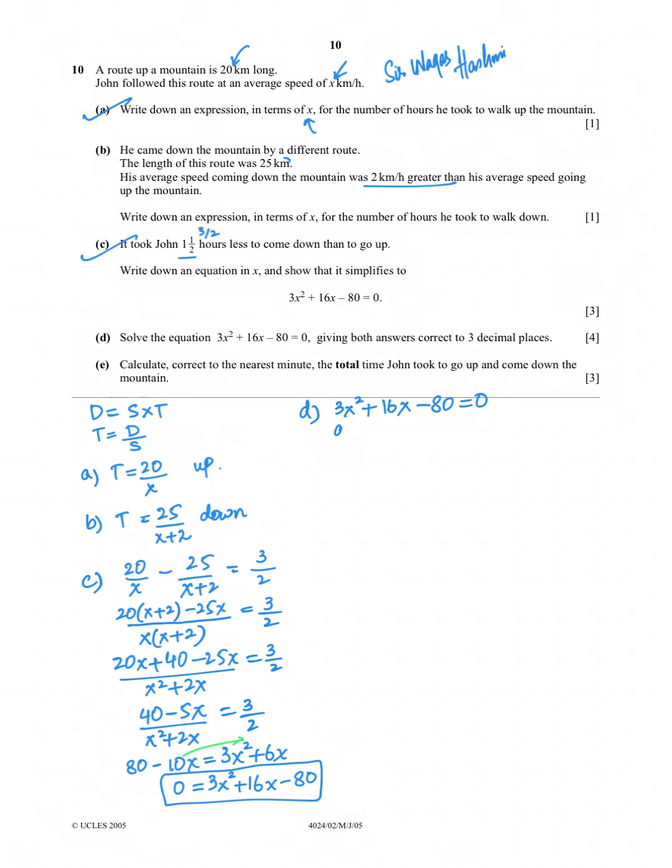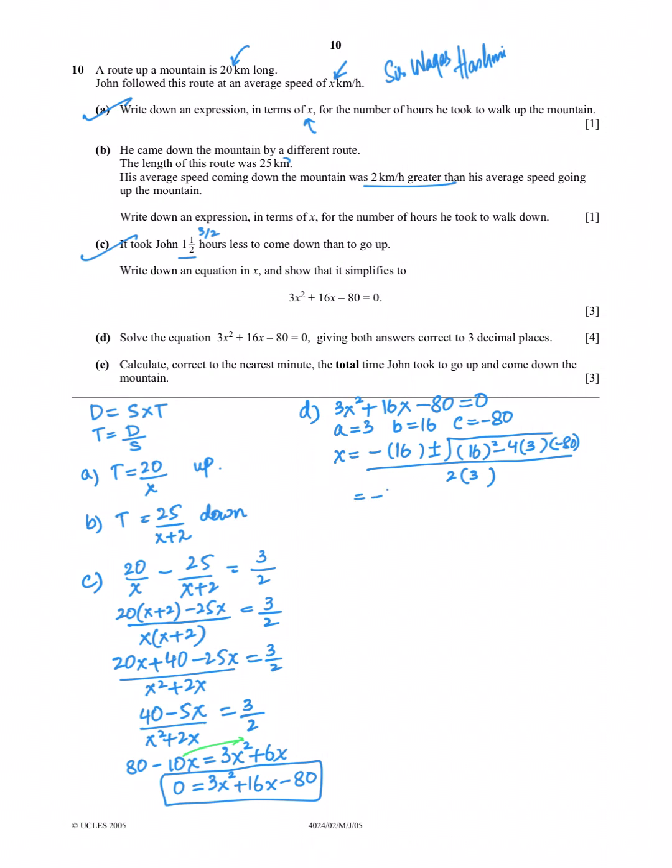The value of a we have is 3, the value of b is 16, and the value of c is minus 80. Now x equals to minus b plus minus under root b square minus 4ac divided by 2a, right? Now I'm going to put the value. So b is 16, a is 3, and c is minus 80.